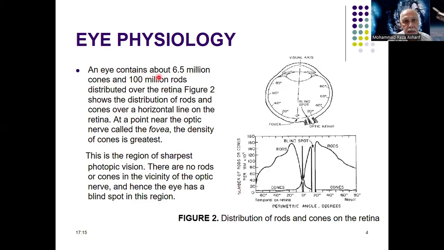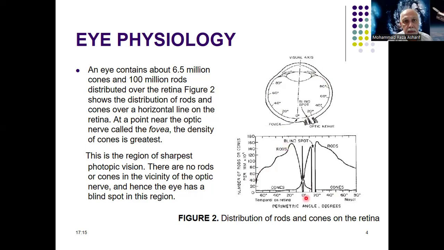An eye contains about 6.5 million cones and 100 million rods. So the number of cones is 6.5 million, but the number of rods is 100 million. It's distributed like this over the retina. This is retina. So if you open this eye from minus 80 degrees to plus 80 degrees, you see that the rods and cones are distributed like this.